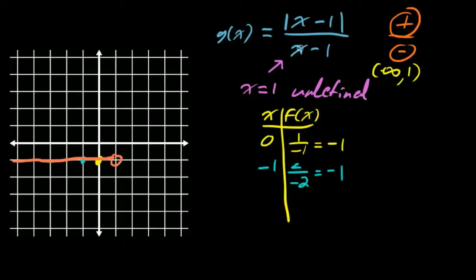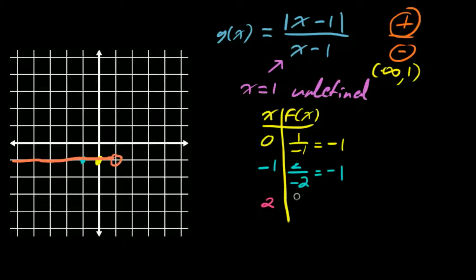Similarly, if we were going to fill out some more values to figure out what this function was defined at past x equal to 1, in the positive direction, let's choose x equal to 2. So we put into the top of our function 2 minus 1, that's equal to 1.